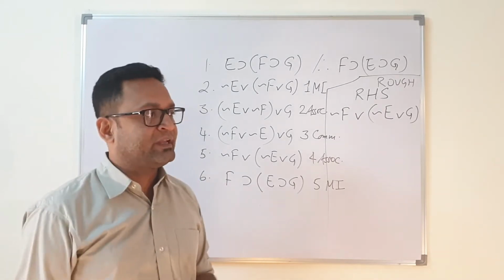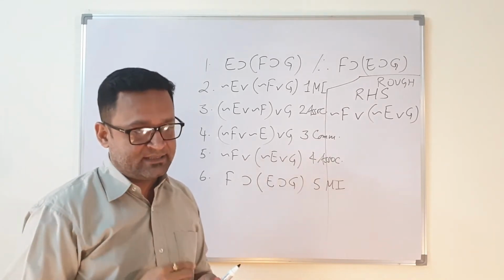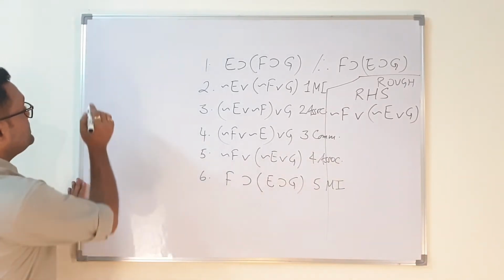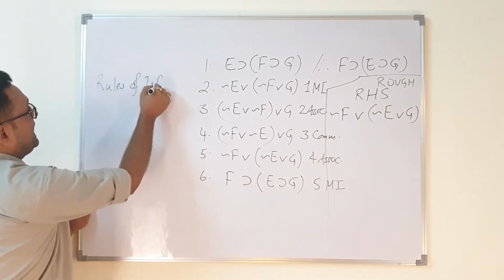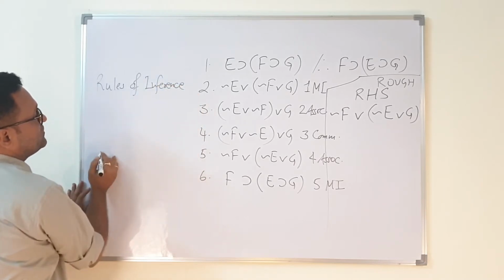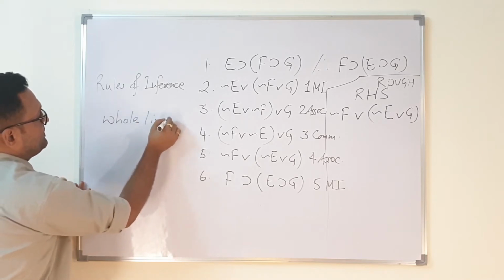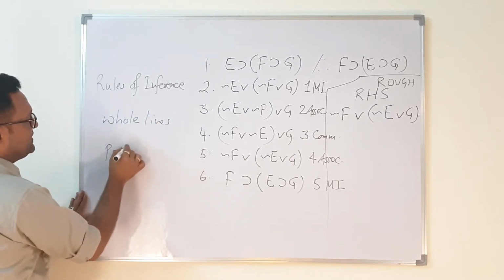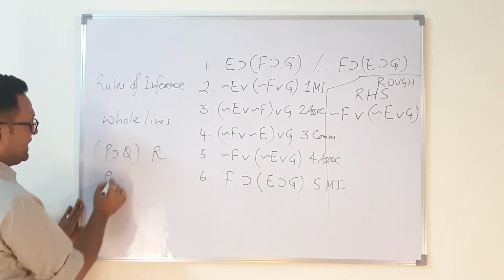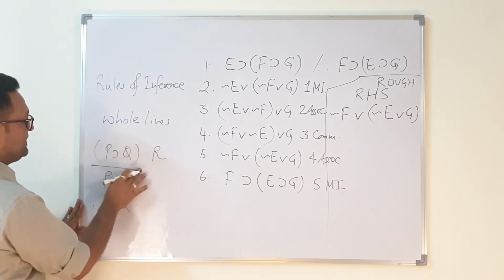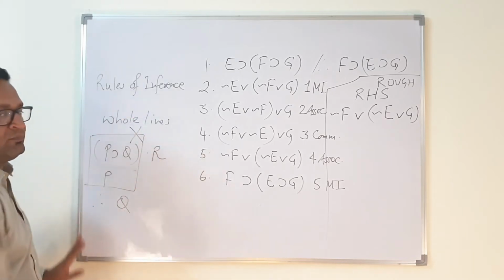One thing which I forgot telling you in the rules of inference and the rules of replacement case is that the rules of inference can only be used on whole lines. That means if suppose P implies Q dot R is there and P is there, you cannot come out with Q because you are applying the modus ponens rule here, which is not possible.